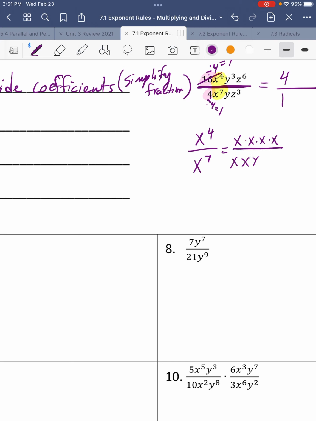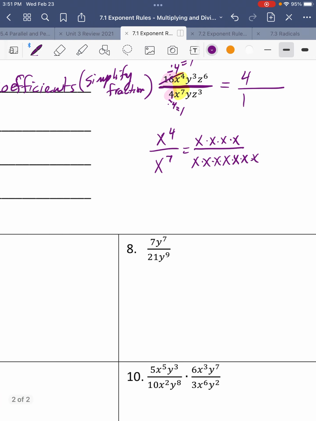X to the 7th, 3, 4, 5, 6, 7. I always have liked this. X divided by x, simplify out. Just keep on crossing them out until you get what's left. And what's left is there's 3 x's in the denominator, so it's x cubed. So going up to our fraction here, we have an x cubed left.